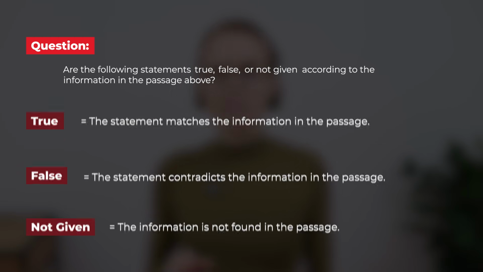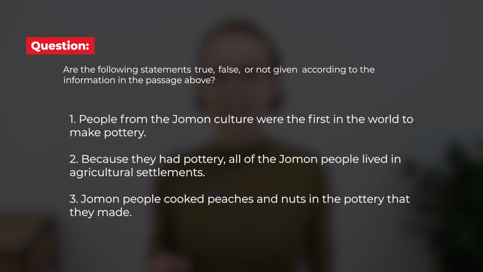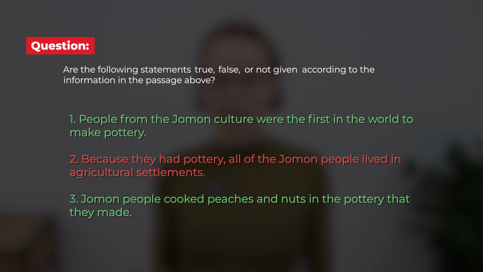After the choices, you get a list of statements. You can use each choice more than once. So for example, you can say that two of the statements are true and one is false. But guys, pay attention when answering these questions. You can make a huge mistake here. This happened to me several times when I was practicing for IELTS reading, and I couldn't believe that I made this mistake.